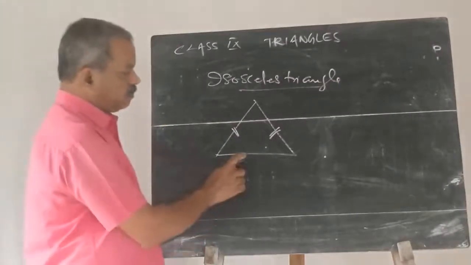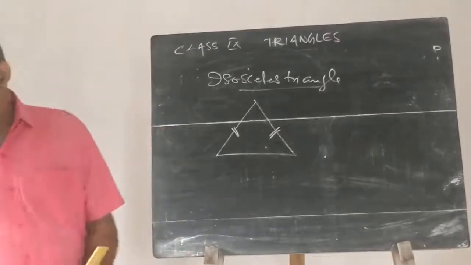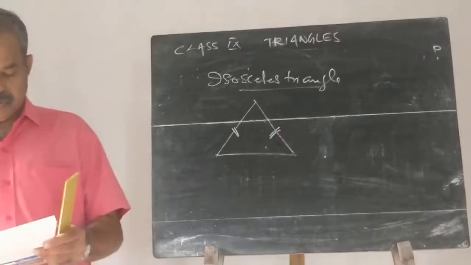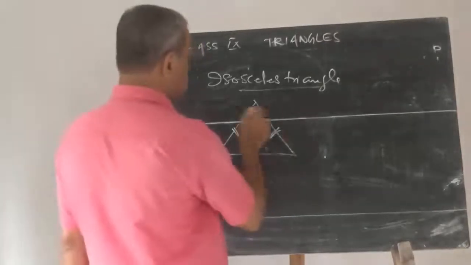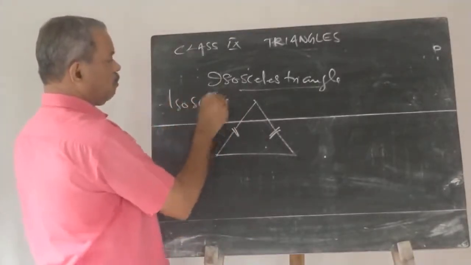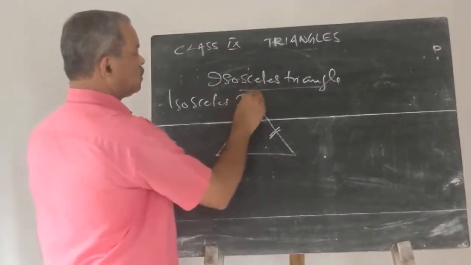This theorem is called the isosceles triangle theorem. Theorem 7.2. Isosceles triangle theorem. The property of an isosceles triangle is described as the isosceles triangle theorem.